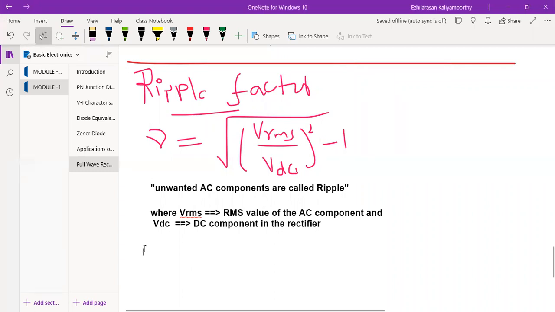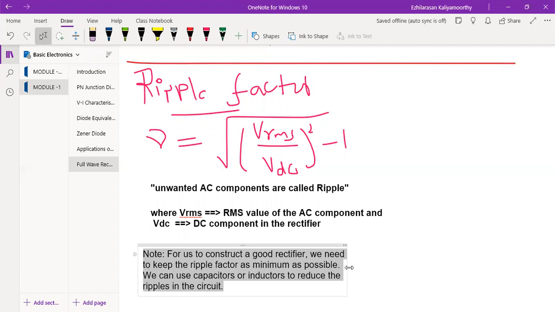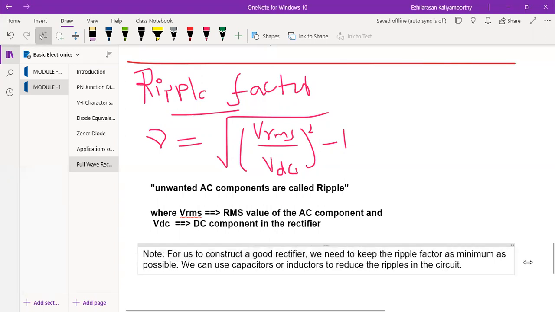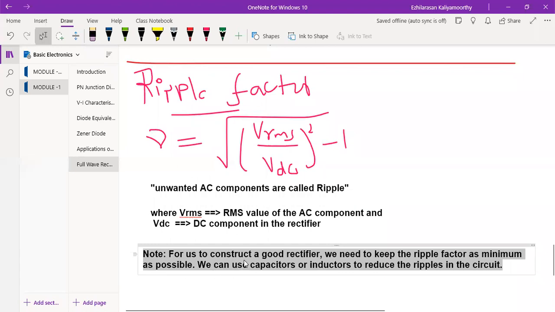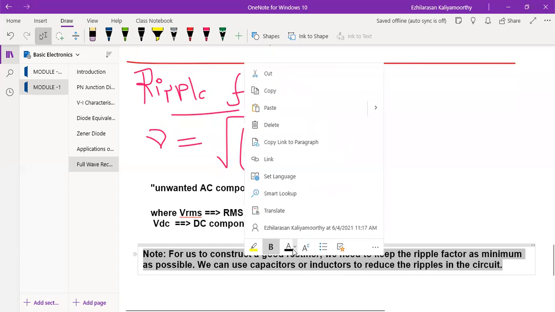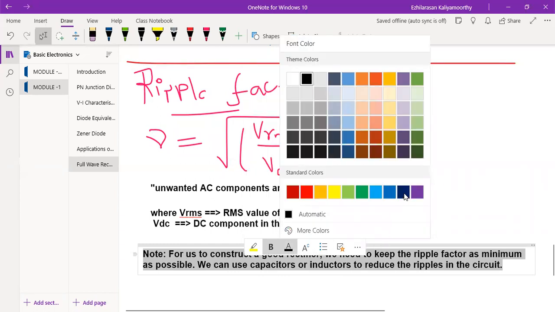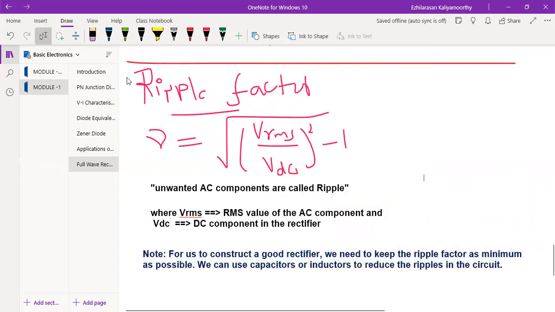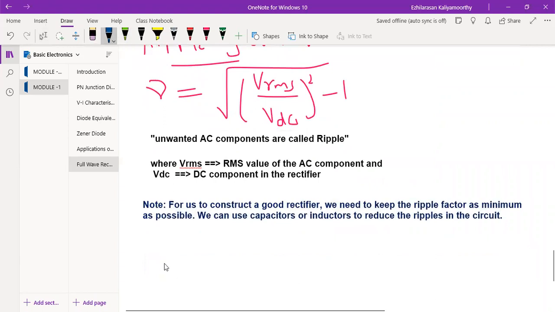Let us make a note of this point when you are going to design a ripple factor. From this, gamma is equal to 0.48.